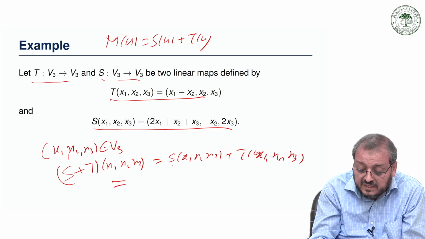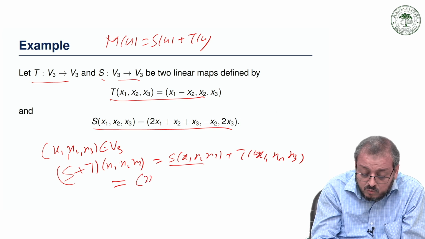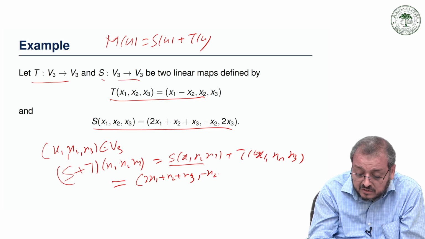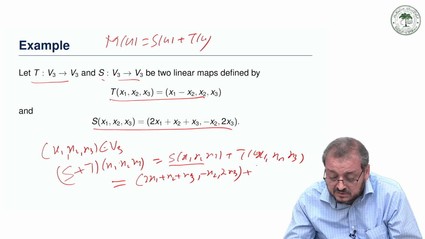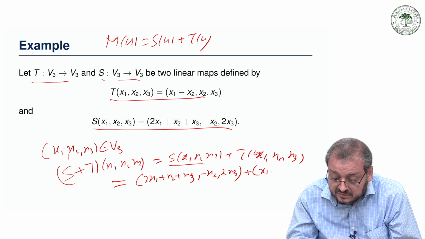And this can be written as S of this and T of this. So S of this is 2x1 plus x2 plus x3, and then minus x2, and then 2x3, plus T, which is x1 minus x2, and then x3.